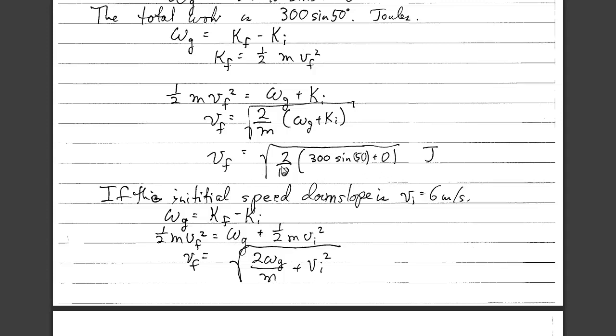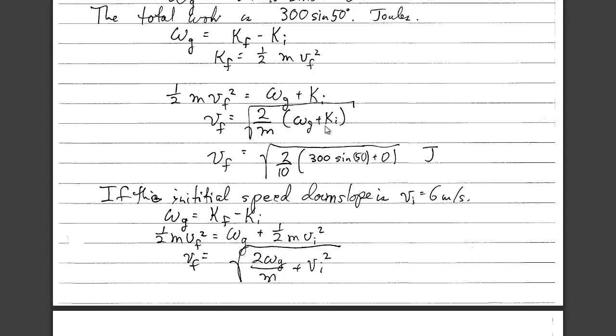Namely, we've solved the problem here. Now suppose the initial velocity is 6 meters per second instead of 0 meters per second. That's where this 0 came from. The initial kinetic energy up here was 0. Well, if the initial velocity is 6, you get to plug in 6 into the initial kinetic energy.